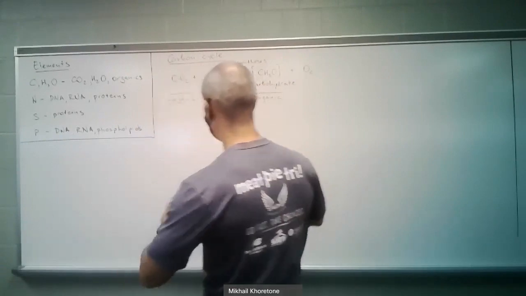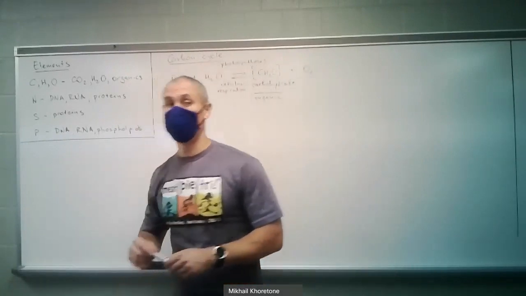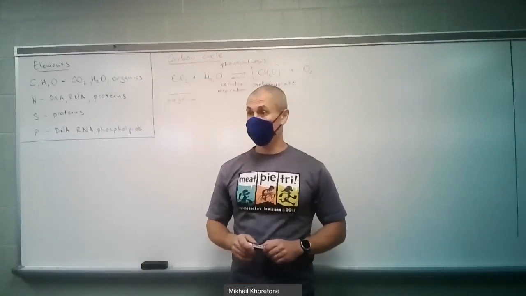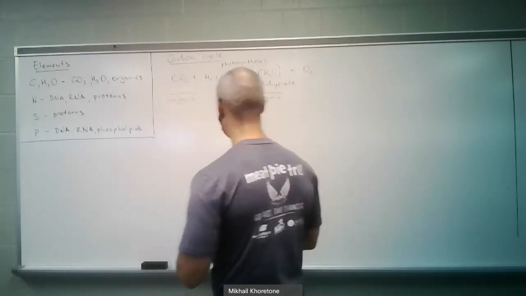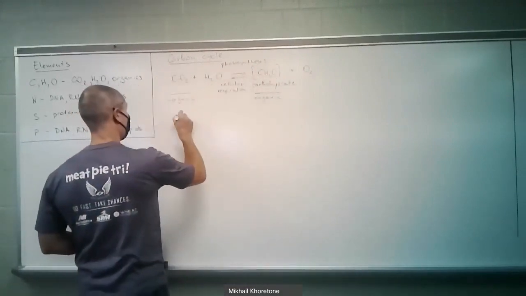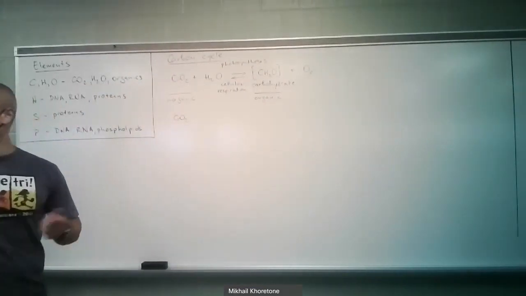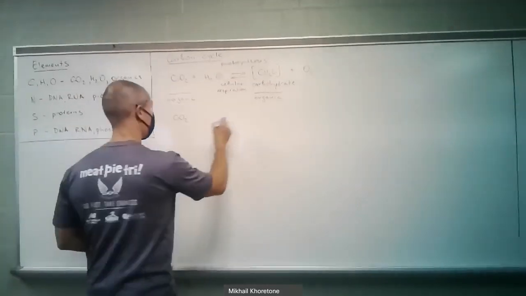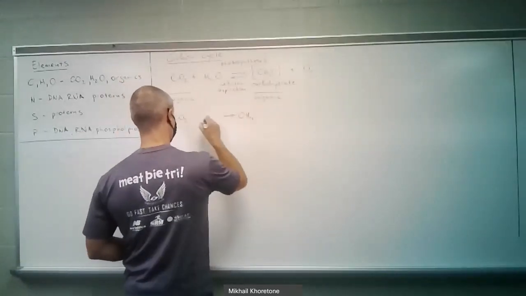So that is one of the big staples of the carbon cycle. But there are a couple of other types of microorganisms that participate in carbon cycling as well. One of them is using carbon dioxide as a final electron acceptor, essentially converting it into methane.